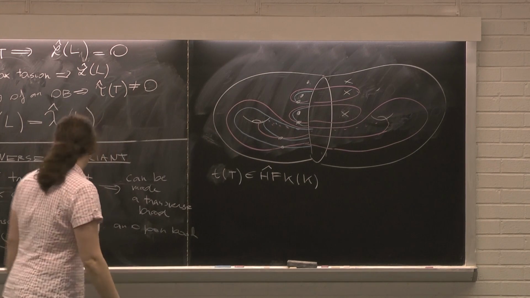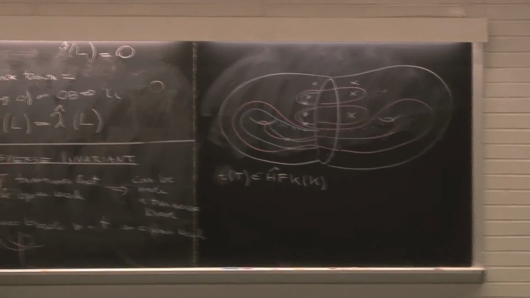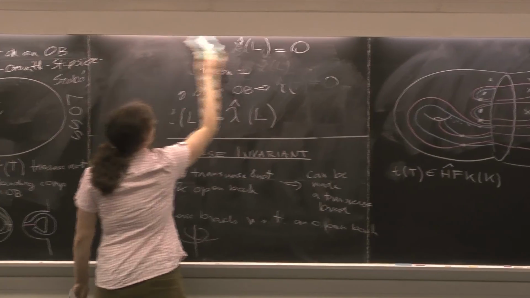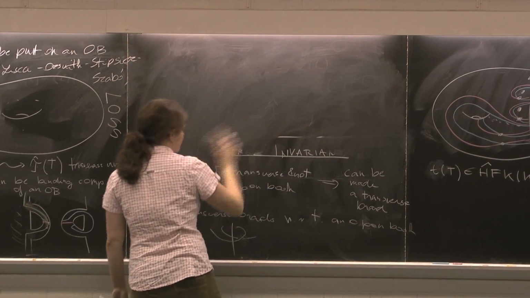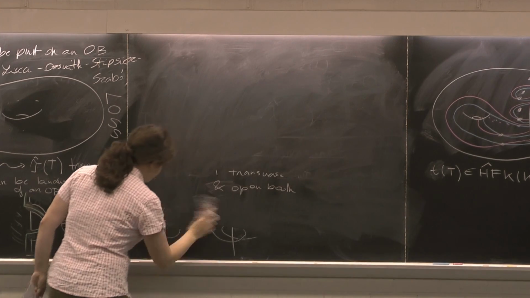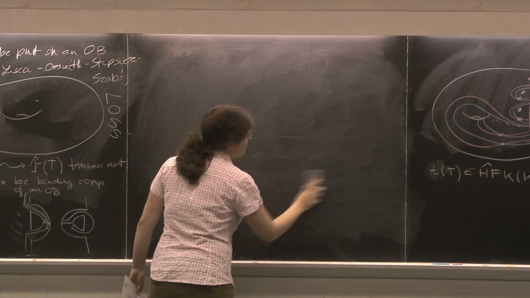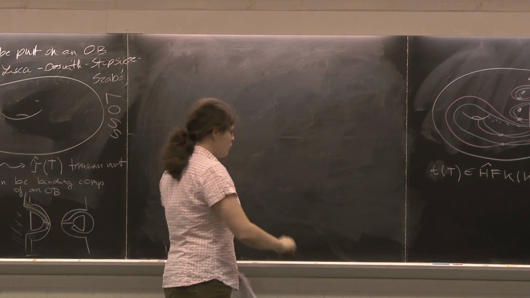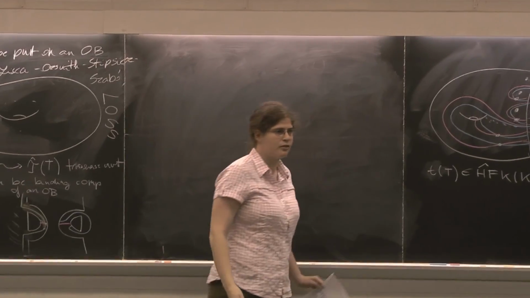And then there is one thing I wanted to tell you about this. First of all, so why is this good? So that's our theorem that this one, independently of all the choices you make, is going to give you an invariant only of the transverse knot. It's not dependent on the braid itself.